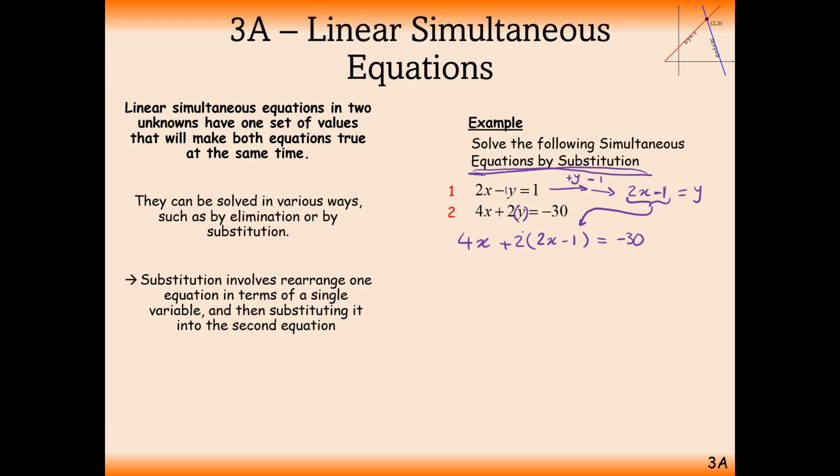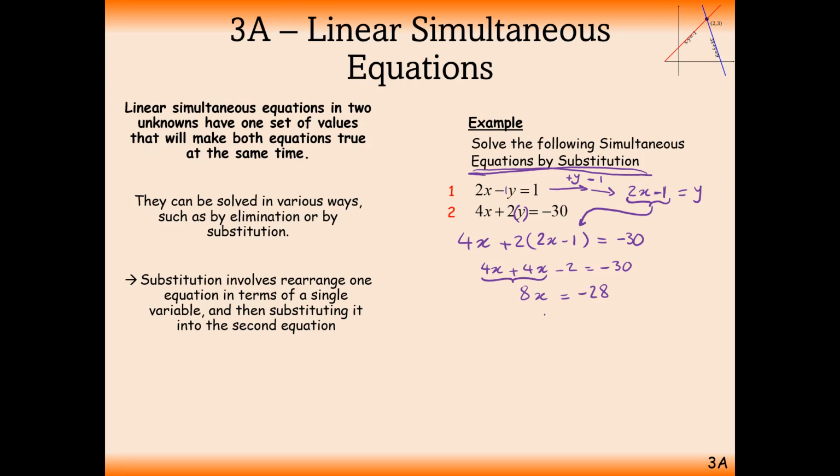Now I can multiply the bracket and collect like terms and solve for x. So I have 4x plus another 4x. 2 times negative 1 is minus 2, equals negative 30. Adding 4x and 4x, I get 8x. Minus 2, I'm going to add it to negative 30, so I'll have minus 28.